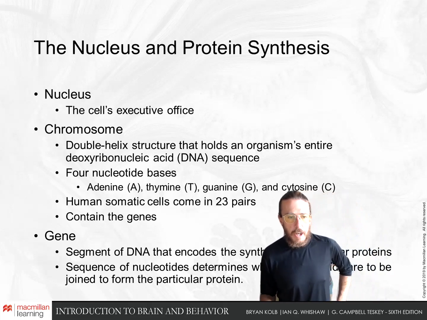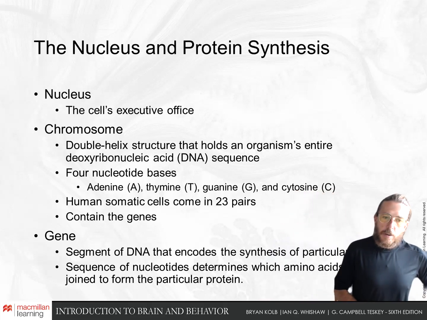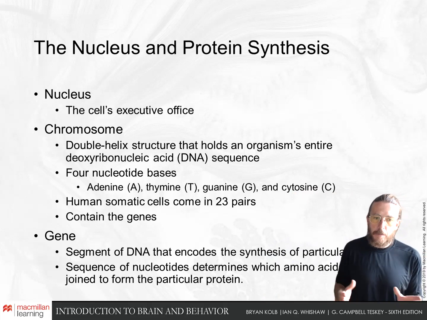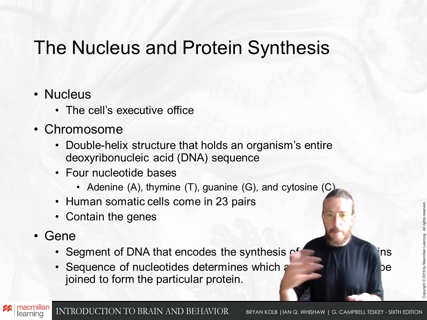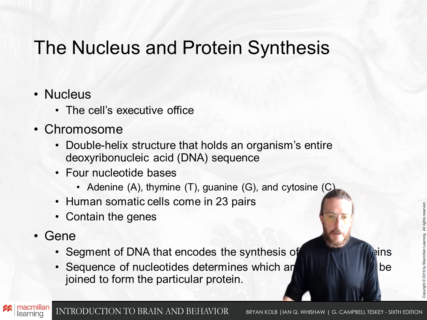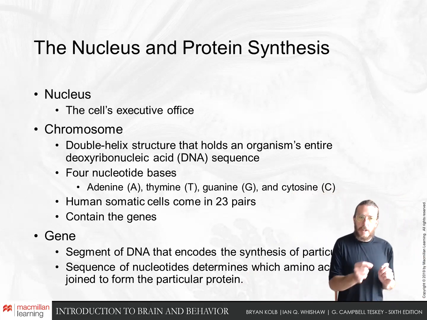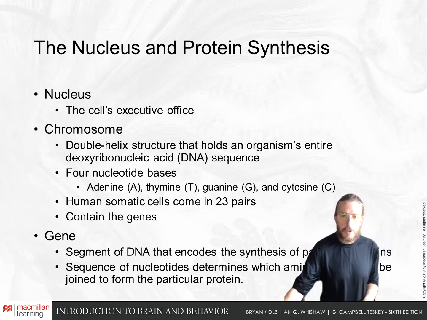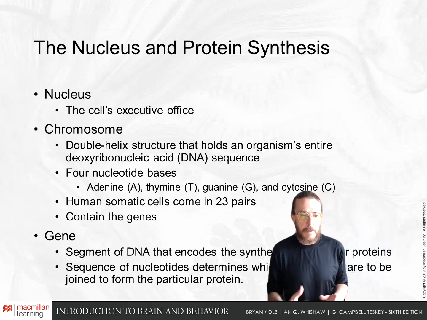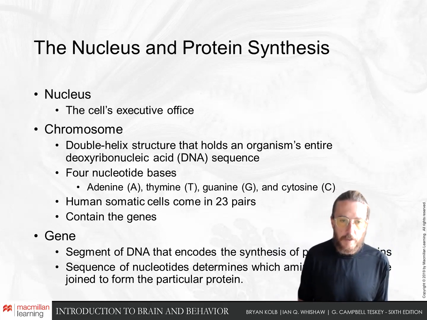So a gene is a segment of DNA that encodes the synthesis of a particular protein. It's a code for how to make a particular protein in the endoplasmic reticulum. And the sequence of adenine, thymine, guanine determines which amino acids are going to make up the protein once it's created.